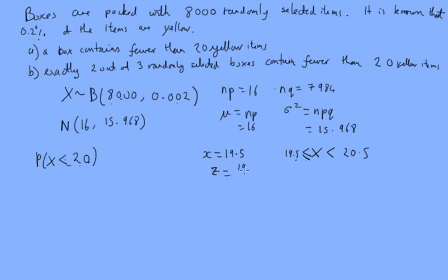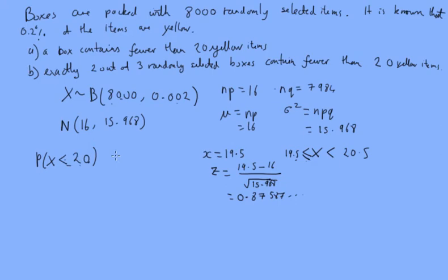So we can then work out our value for z. It's going to be 19.5 minus 16 over the square root of 15.968. And that gives us a value of 0.87587.